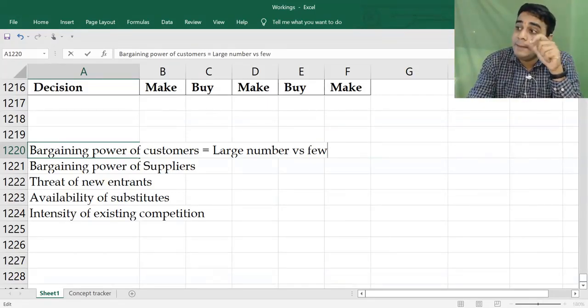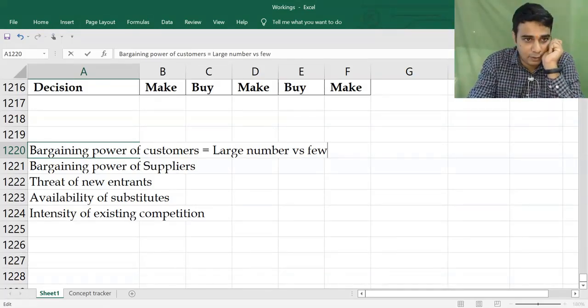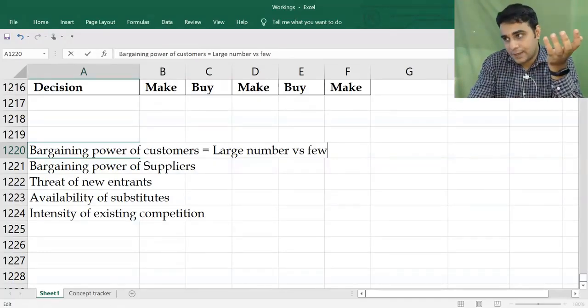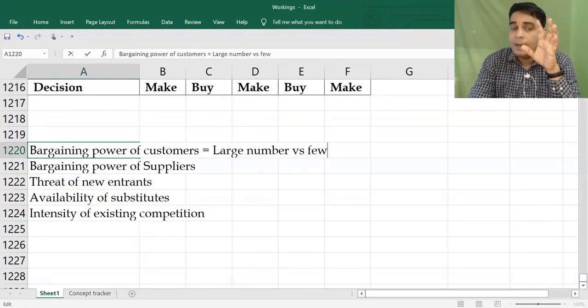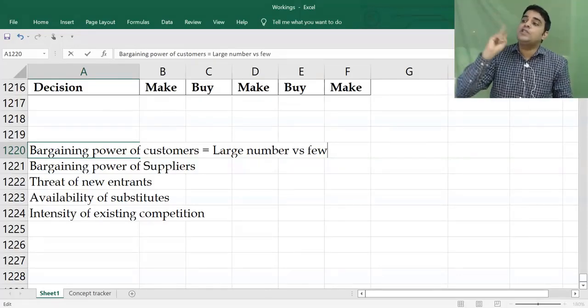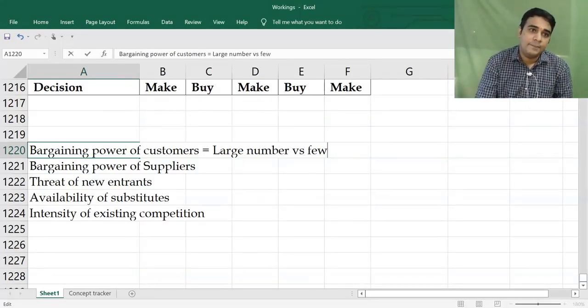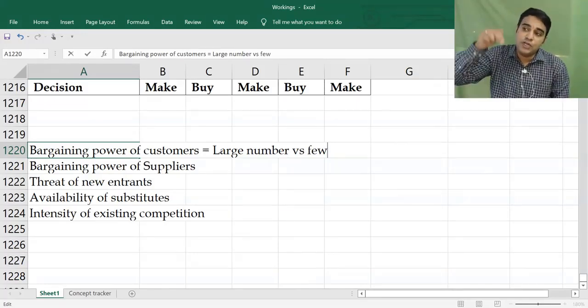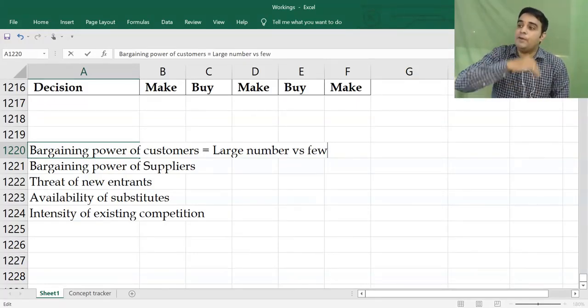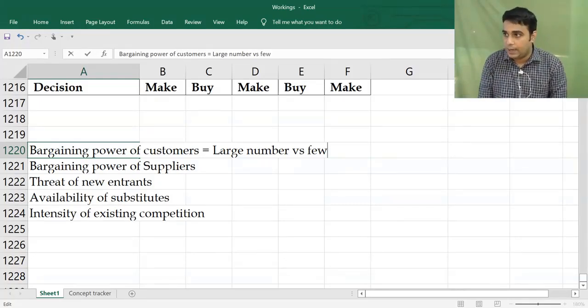who are buying in bulk, then your bargaining power will get impacted. If there are a large number of customers, for example, HUL or P&G, they sell their product to a large number of customers, everything is fine. But if they are selling their product only through 2 distributors, entire India sales is only through 2 distributors, then these 2 distributors will have a good bargaining power when they do their discussion with HUL or P&G.